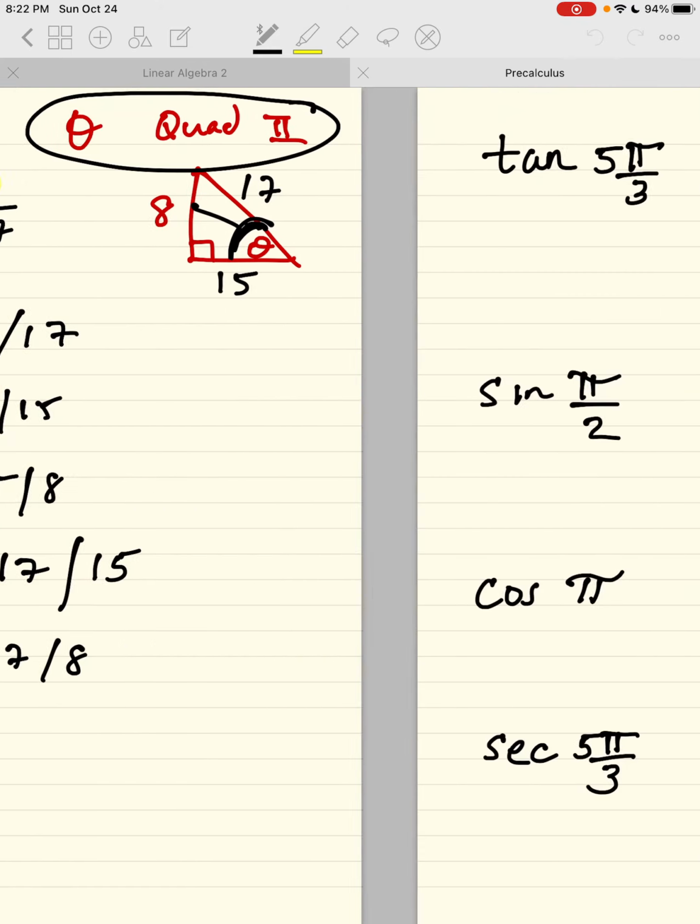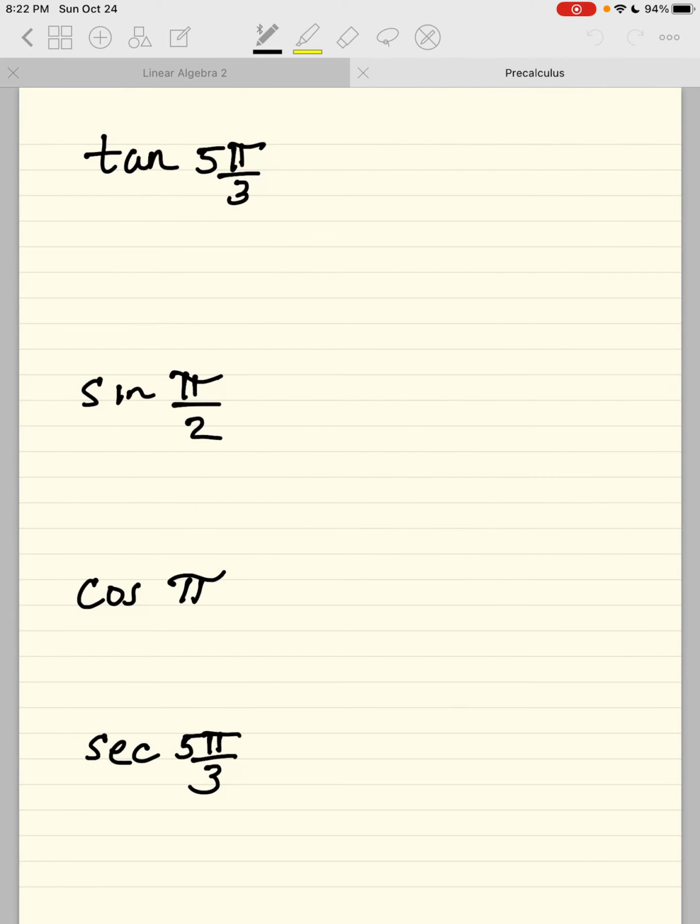Okay, I have just a few more problems here. I want to figure out what the tan of 5 pi over 3 is. Let me extract the pi over 3, which is basically 60 degrees. Remember to make your chart from the previous video. So the tan of 60 degrees is the square root of 3 over 1, which is the square root of 3.